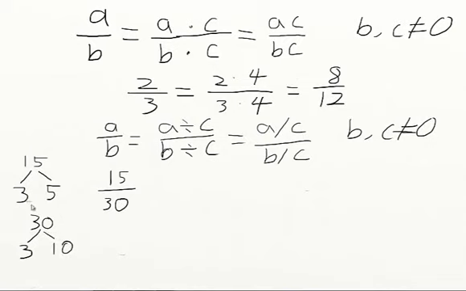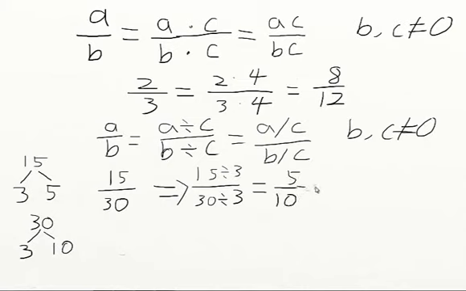Now, as you can see, they both can take out the 3, so I can divide out the 3 on the numerator and the 3 on the denominator, which leaves us with 5 over 10.